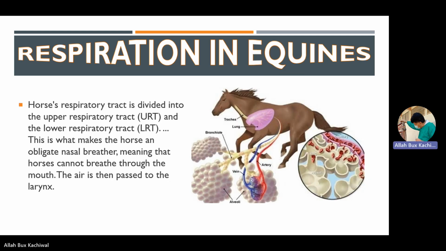Whereas in the respiration of equines, the horse's respiratory tract is divided into the upper respiratory tract and a lower respiratory tract. This is what makes the horse an obligate nasal breather, meaning that horses cannot breathe through the mouth. The air is then passed to the larynx.